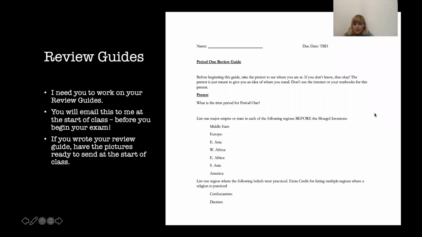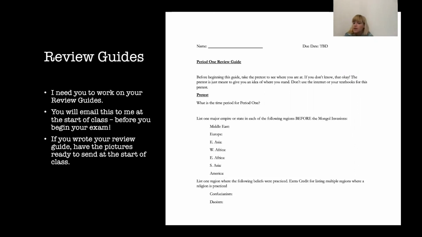Okay, guys. So again, our next class, you are going to have your exam, your period 1 exam. I gave you this review guide like 3 weeks ago. You should be almost done with it if you're not already done. If not, you need to be working on this. This needs to be a priority. At the start of class on exam day, you will email this to me.